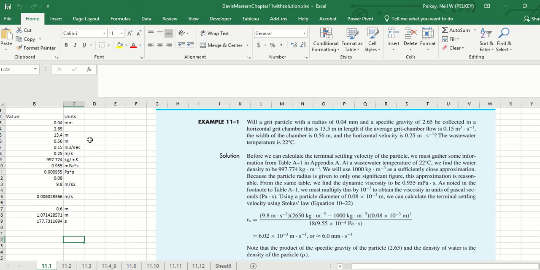The density is going to be 997 kilograms per meter cubed. The size is 0.04, 2.65, and it's 13.5 meters long, 0.56 meters wide, 0.15 meters cubed per second, and it's moving through there at 0.25 meters a second.